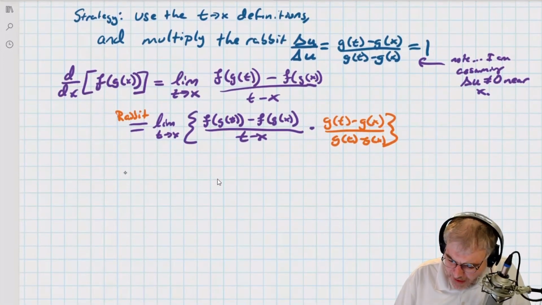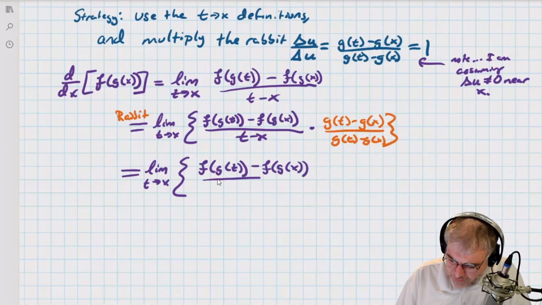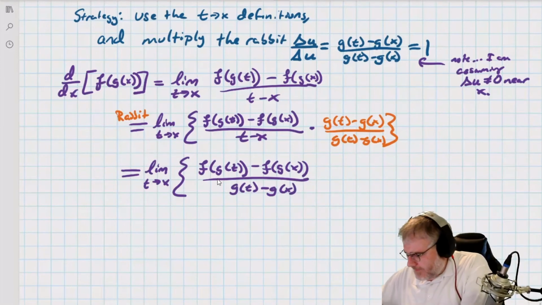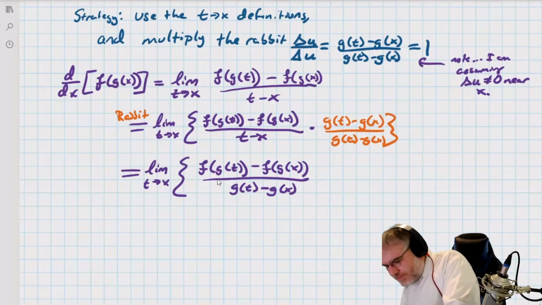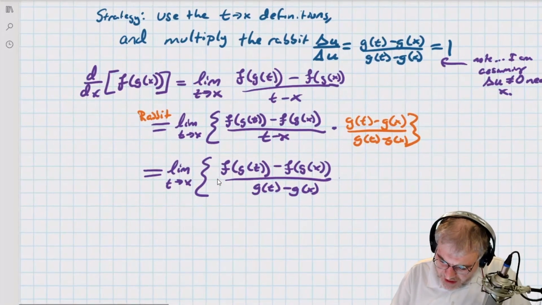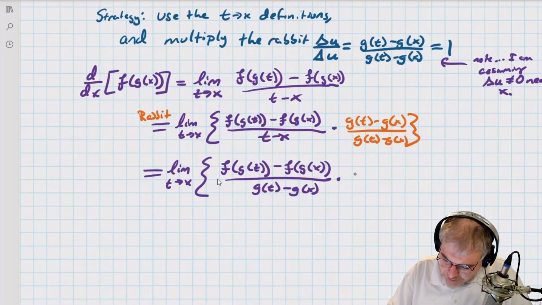So what I wind up with now is the limit as t goes to x of f of g of t minus f of g of x all over g of t minus g of x, times g of t minus g of x all over t minus x.